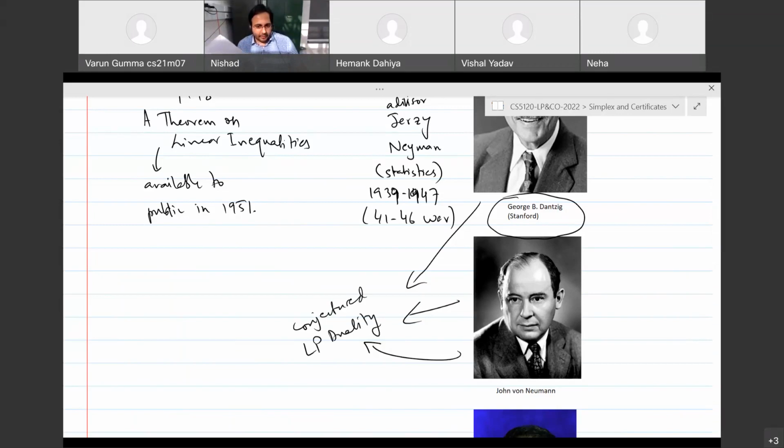And immediately von Neumann said that I conjectured that there is a duality theory in linear programming because it's basically equivalent to the work I am doing in game theory. And that's how linear programming duality came into being. So von Neumann is largely credited to be the first person to see the duality theory in linear programming.